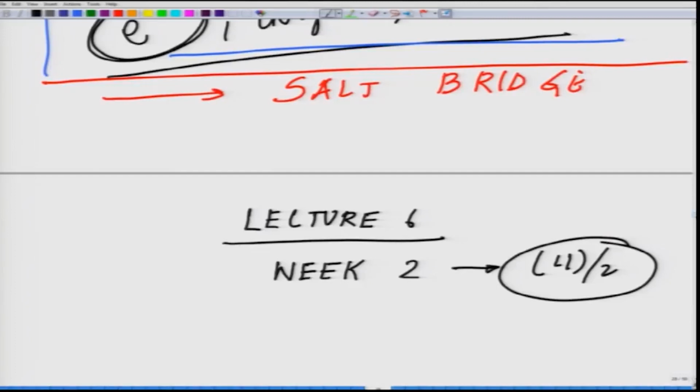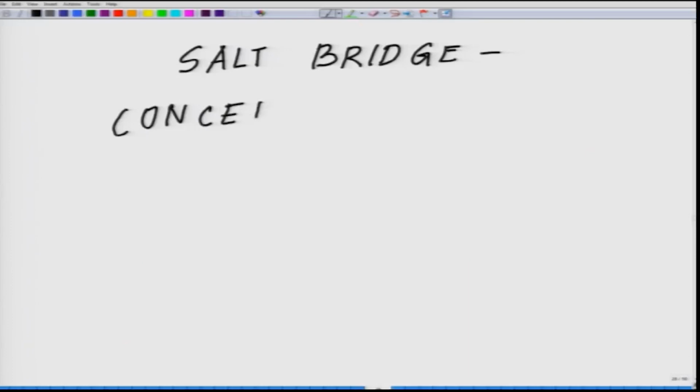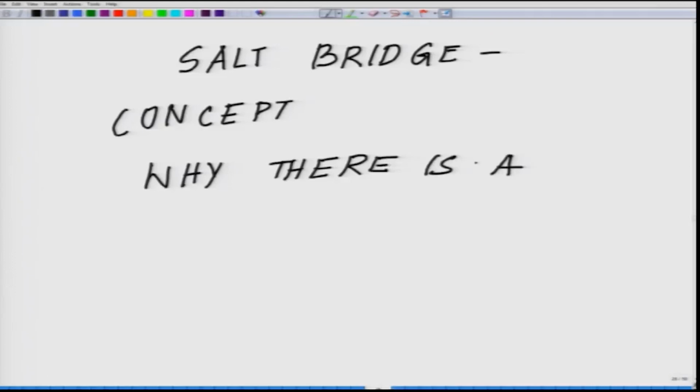I built a different kind of cell today, where we will be talking about the concept of salt bridge and why there is a need for a salt bridge.